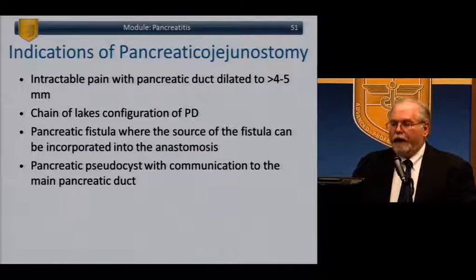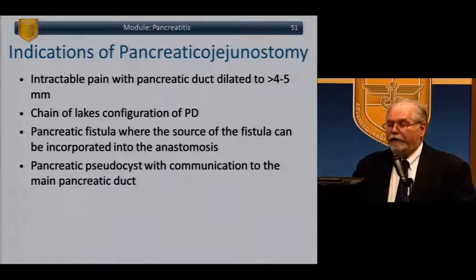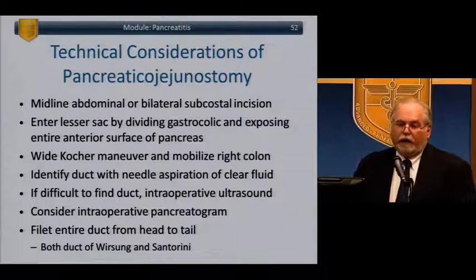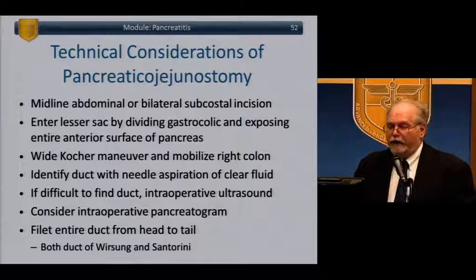So, pancreaticojejunostomy: intractable pain with dilated pancreatic duct, chain of lakes configuration, pancreatic fistula where the source of the fistula can be incorporated into the anastomosis, or a pseudocyst with communication to the main pancreatic duct. Midline abdominal or subcostal incision, enter the lesser sac, wide Kocher maneuver, mobilize the right colon, identify the duct, which is usually bulging through the anterior surface of the pancreas, and you can use ultrasound or a needle to identify the duct.